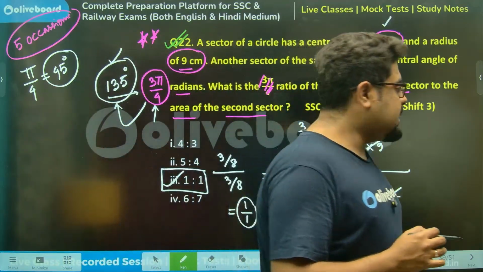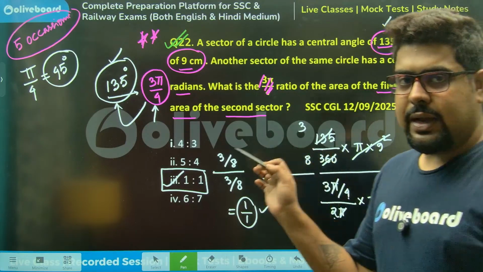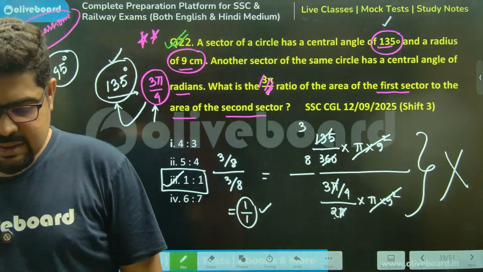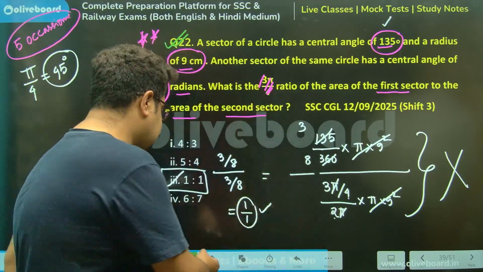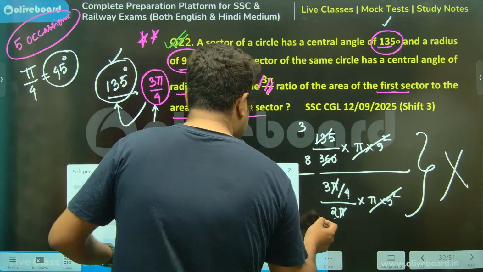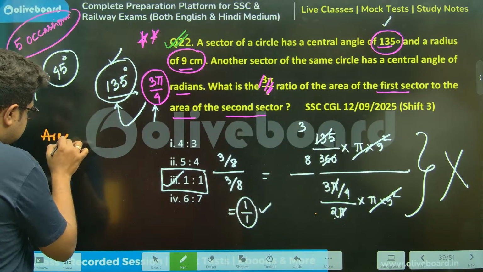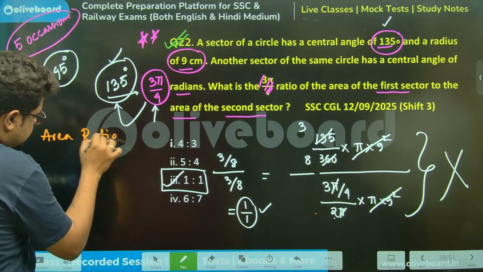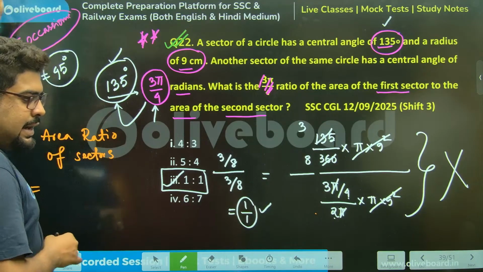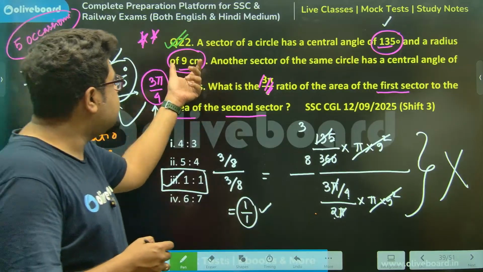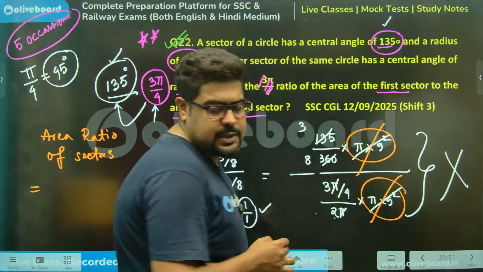But this is not at all recommended, everyone. I'm doing it, but again, not recommended. Because ultimately, if we want to make a simple theory part out of this, the area ratio of sectors: because the pi r square part is common, because the circle is common, it will always cancel.